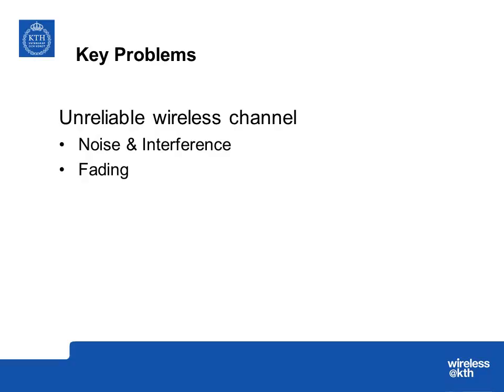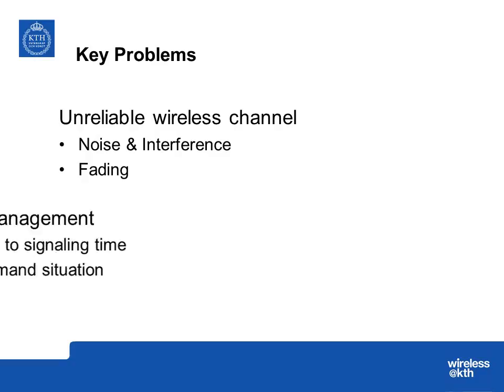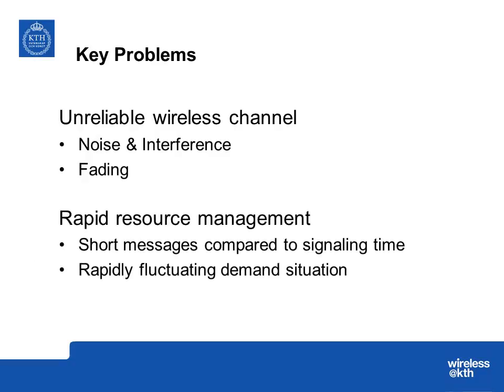How can we transmit over an unreliable channel that is prone to noise and interference? And that could also be time varying, where we have fading, and the quality of the channel varies over time.